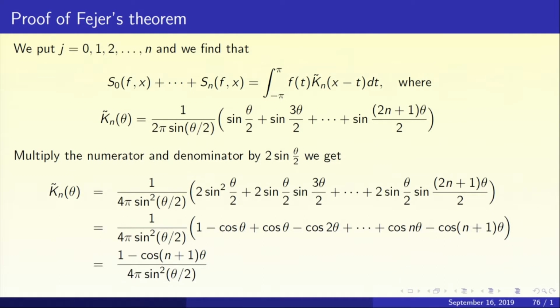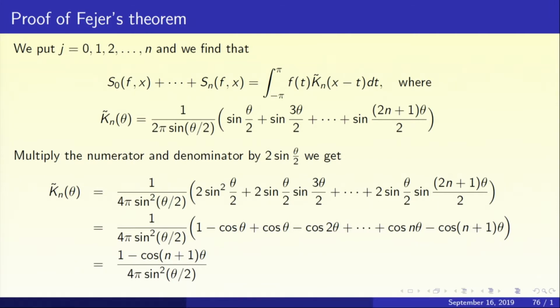So what is Kn tilde? Kn tilde of theta equals 1 upon 2 pi times sine theta by 2 into sine theta by 2 plus sine 3 theta by 2 plus etc. plus sine 2n plus 1 theta by 2, using the expression for the Dirichlet kernel, sine j theta plus theta by 2 divided by sine theta by 2. The sine theta by 2 is common in all the terms.